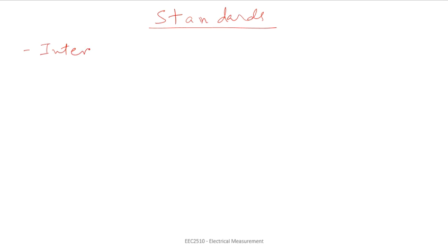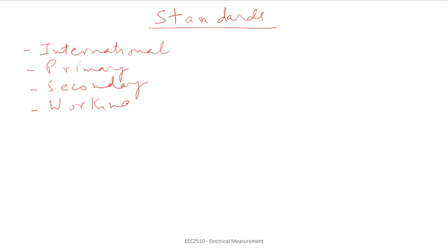The first one was the international standard, then we have the primary standard, then the secondary standard, and at last we have the working standard, and this was also the decreasing order of their accuracies. Okay, now we'll move ahead after these different types of standards.